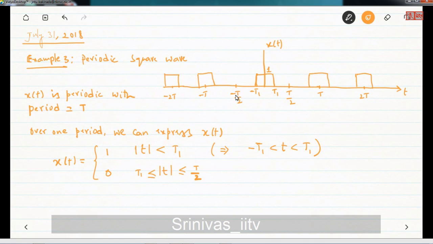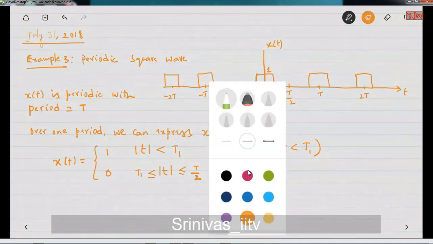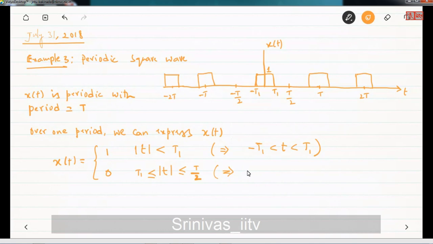It is 0 from minus T1 to minus T by 2, and from T1 to T by 2.